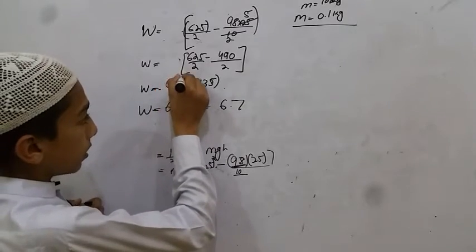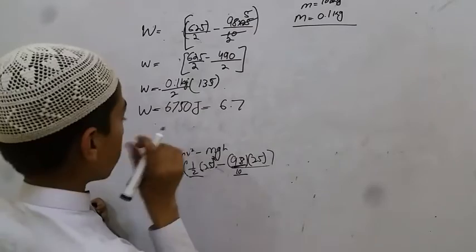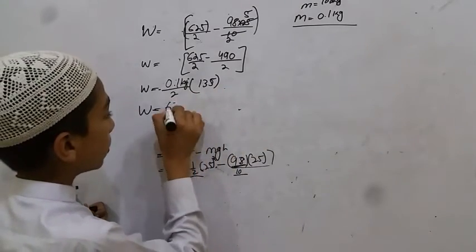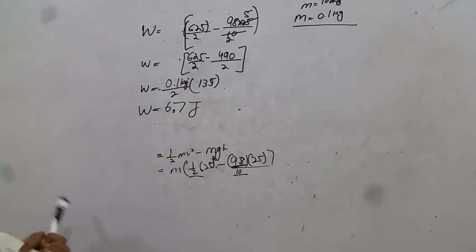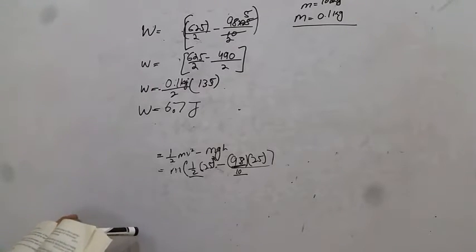So here it is 1 divided by 2, and this is 6.7 joule. This is the work done against air resistance.